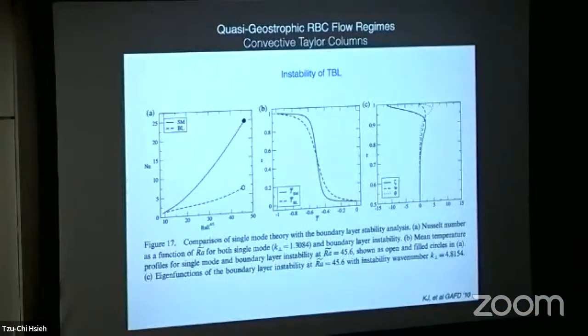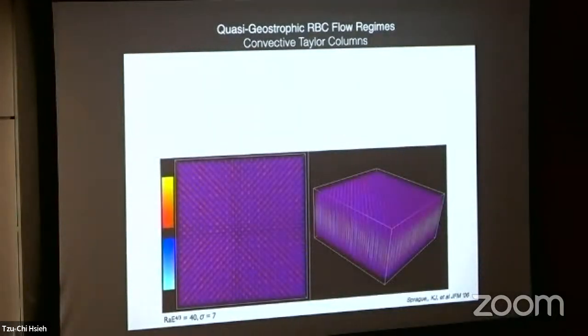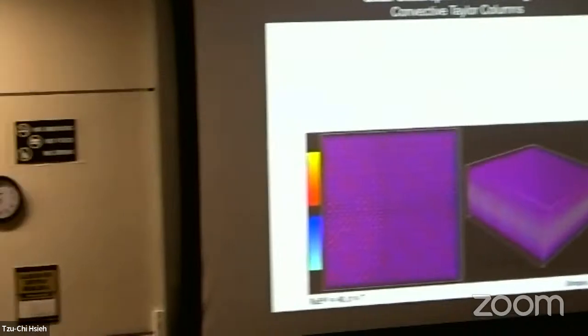So going back to Freddie's comment, let's look at what this looks like. We're going to do a simulation at this 40. We start with the square pattern here and let it go. You can think about this as being a single mode solution, which is unstable.